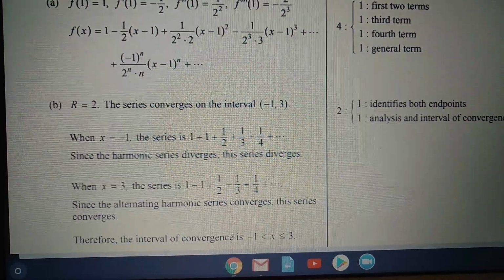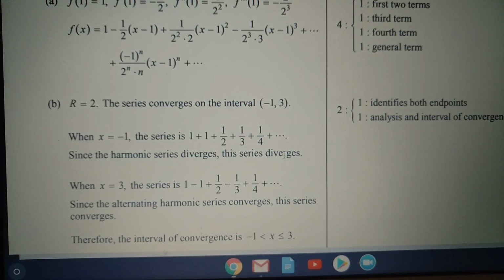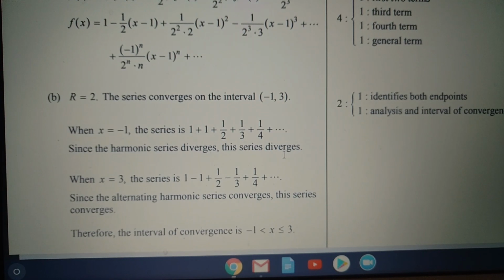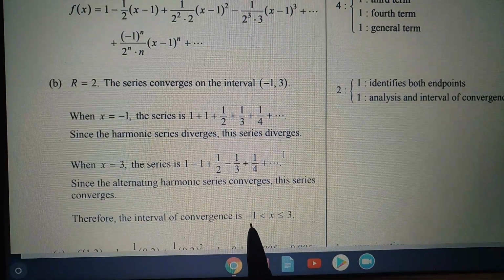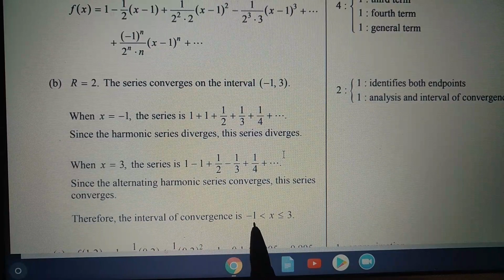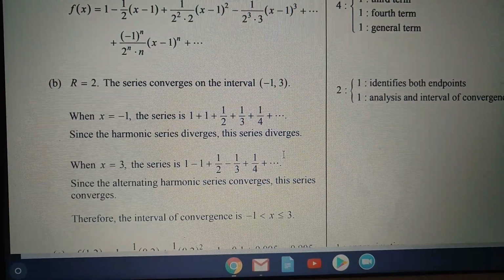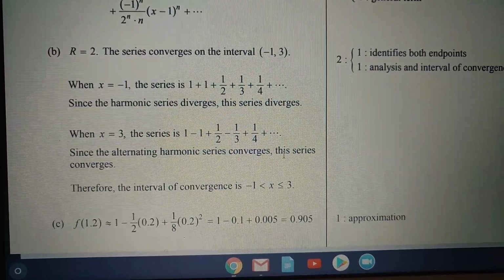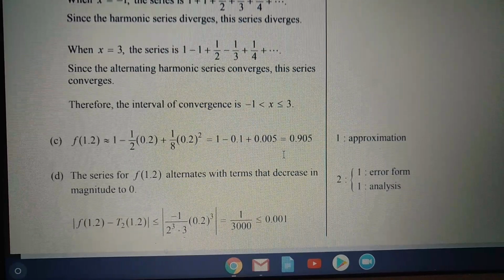And then in this case, when x is 3, now it's alternating, so it converges by the alternating series test. So therefore, your interval needs to have -1 open, 3 closed. So the first point's pretty easy. The second point takes a lot more work.